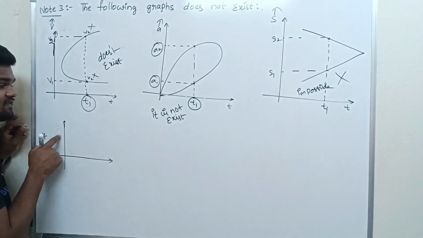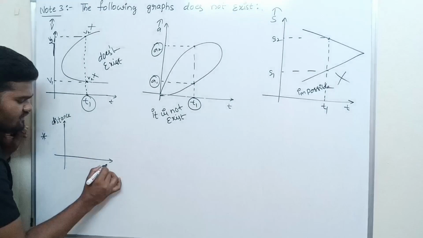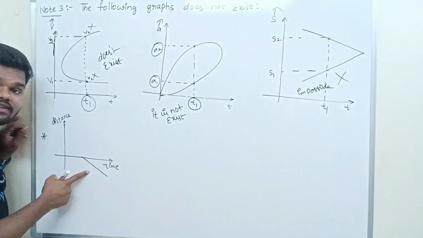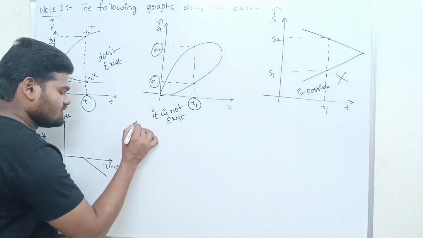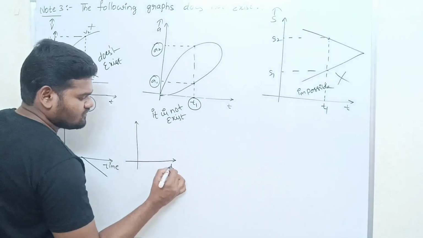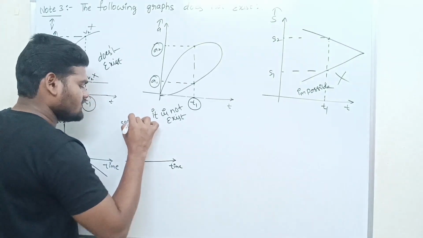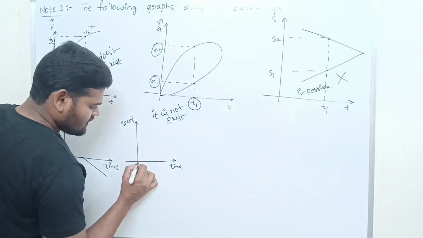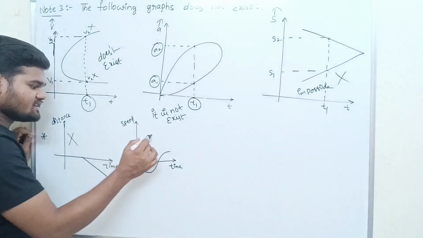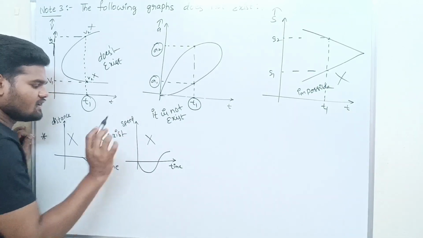If I draw the graph for distance versus time and I get a graph like this, and if I draw the graph for time and speed and we get a graph like this, then these two graphs also do not exist.